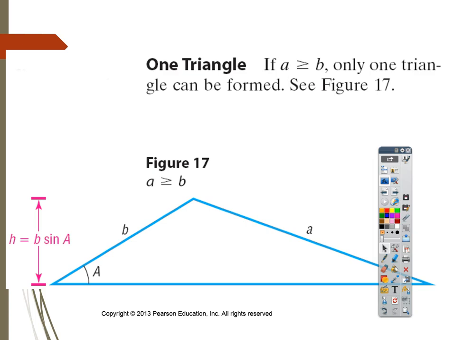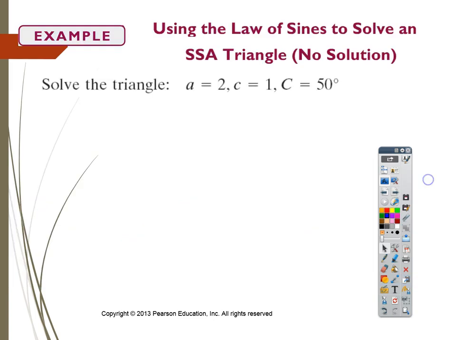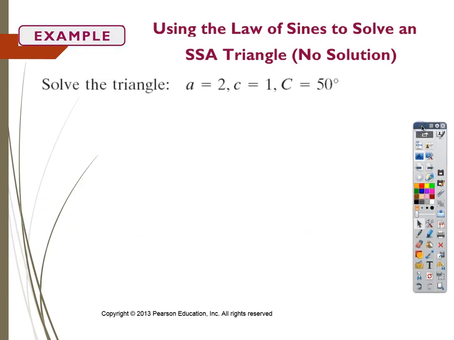So let's do this. Take a look at three examples. First thing I have to do is write down something. I make my triangle, and I'm going to make it oblique. They give me, see here, C is 50, so I'm going to put that as 50.